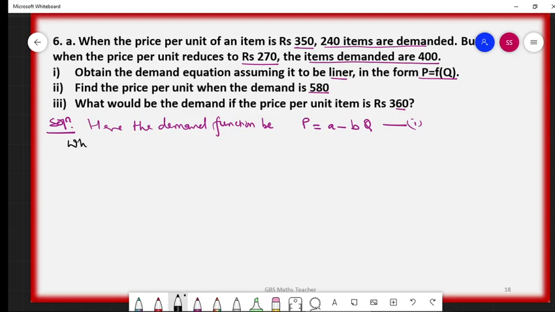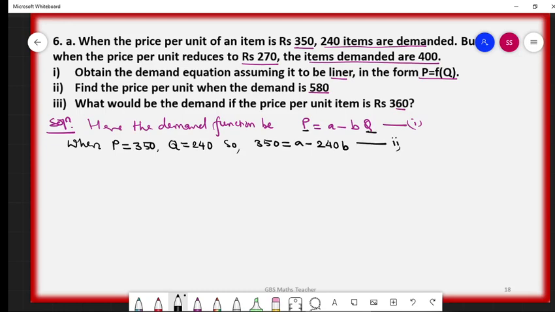We have given when price is 350, quantity equal 240, so the equation becomes 350 equal A minus 240B. This is equation second.